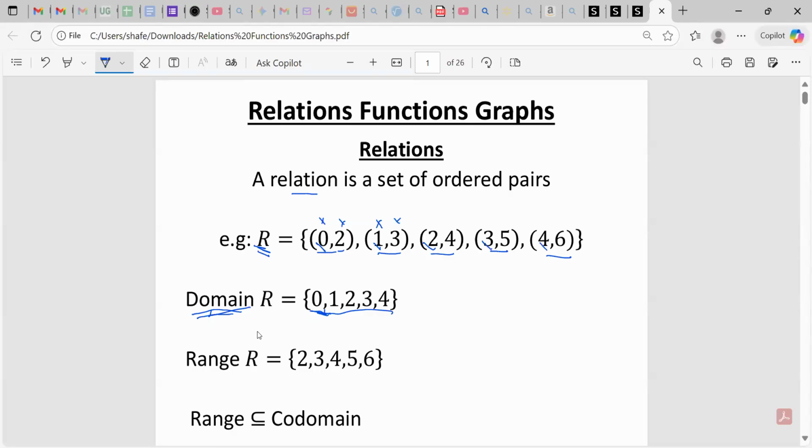And you get out what we call the range, right? So in this relation, you put in 0, you get out 2. You put in 1, you get out 3. Put in 2, you get out 4. Put in 3, you get out 5. Put in 4, you get out 6. So what you put in, that set that you put in is called the domain. What you get out is called the range. Clear?